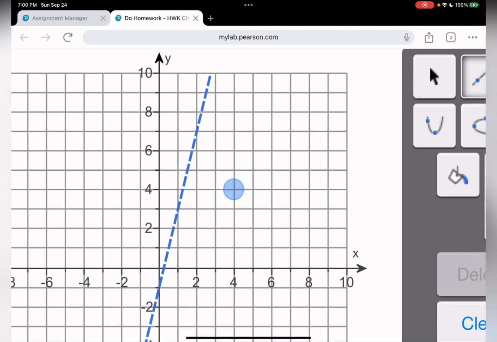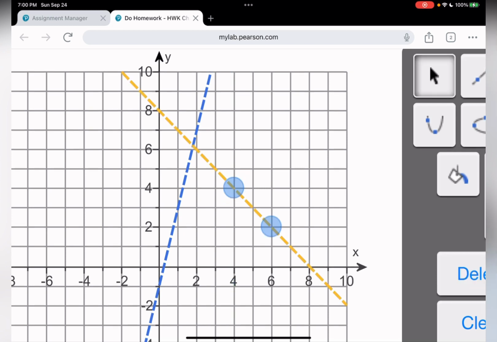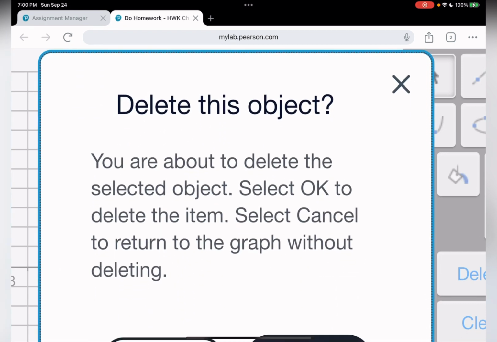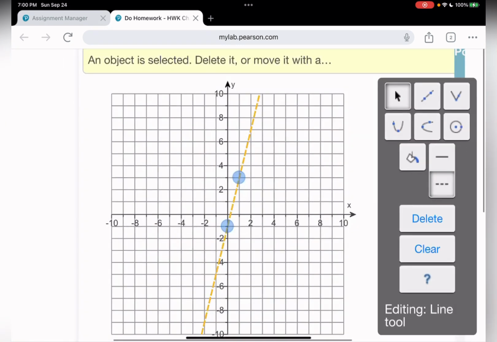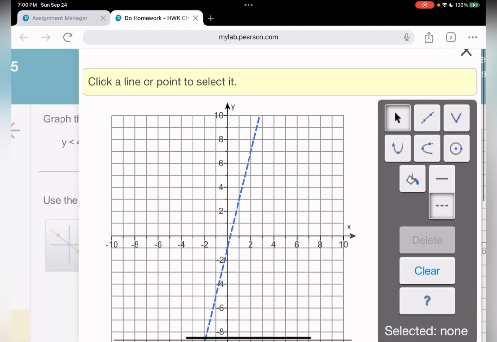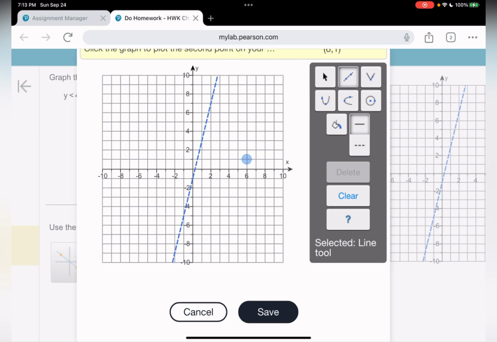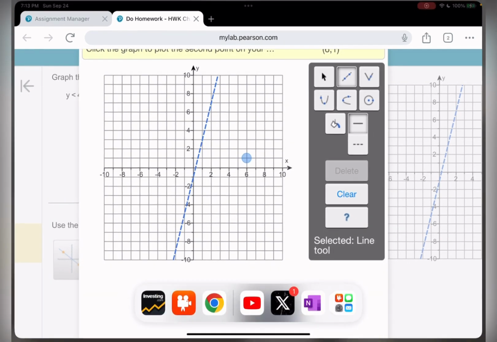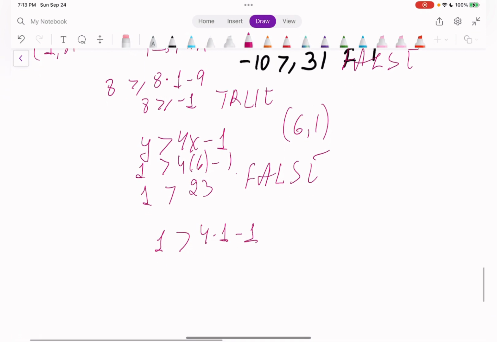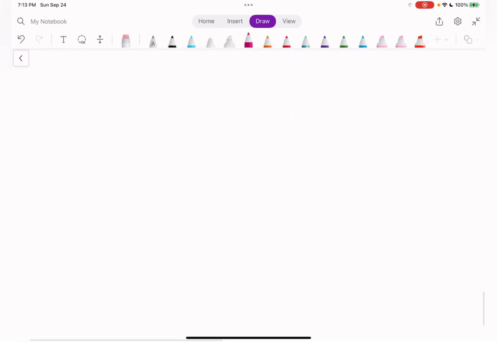So we have 4x minus 1. So x is, okay, well, 4 and 4 is going to be confusing. Let me move. I'm going to take the coordinate 6 and 1 here. 6 and 1. Okay, let's do it. So we have y is less than 4x minus 1. 6 and 1.